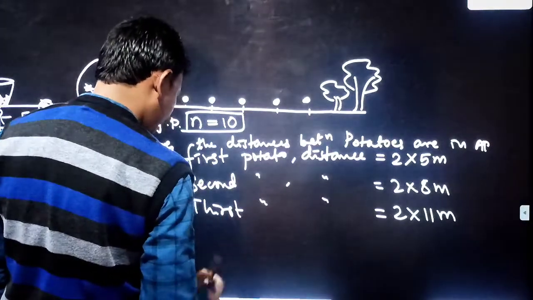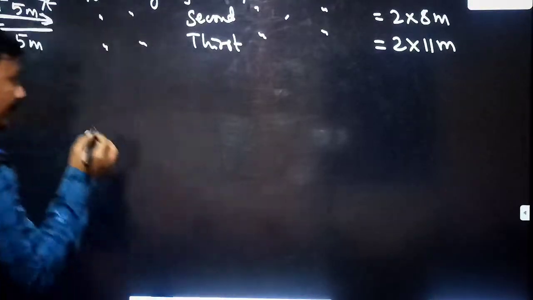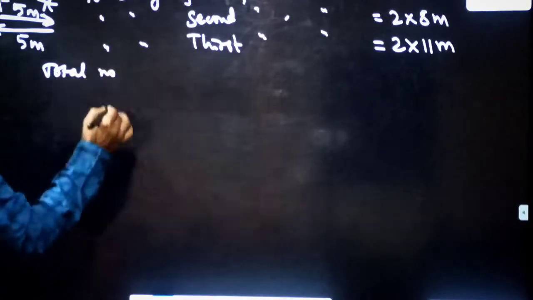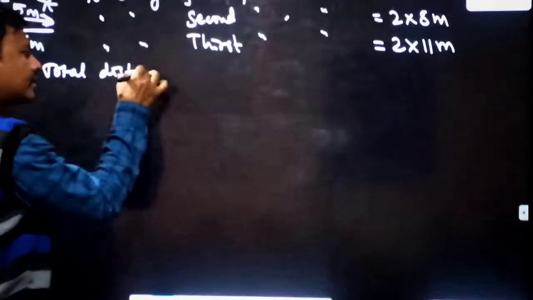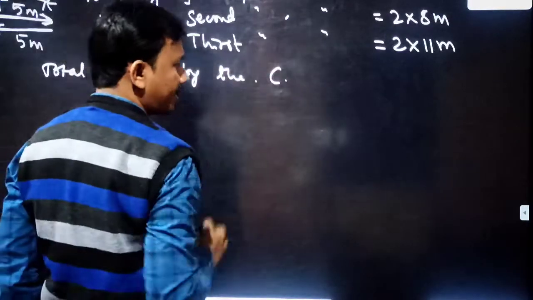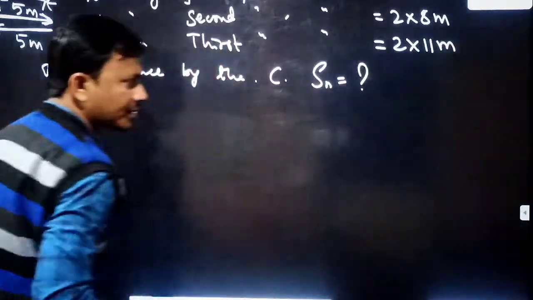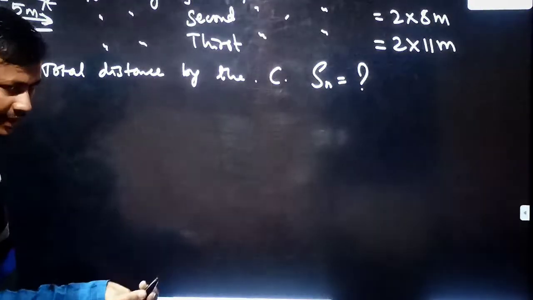So what we need to find out? Sn, the total distance traveled by the competitor. Sn is equal to question mark. A is equal to, the first one, A is equal to 10.